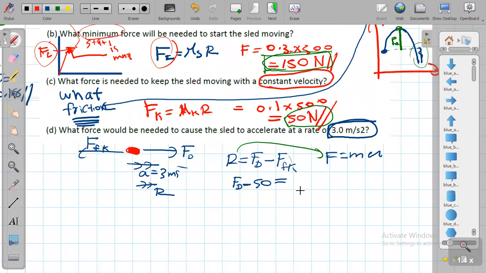So 50 times 3 is 150. The driving force has to balance all of it, 150 plus 50. The driving force needed to maintain this acceleration by overcoming the friction is going to be 200 Newton. Understand or not?